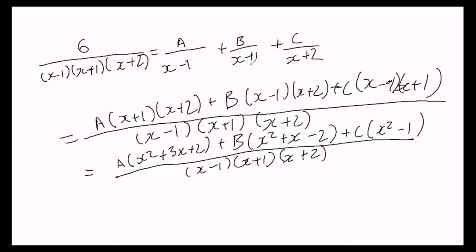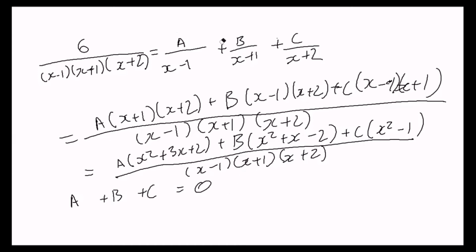So what is my coefficient of x squared on this side? 0. And what about x? 0. So I'm going to have ax squared plus bx squared plus cx squared equals 0x squared, which means that a plus b plus c is equal to 0.